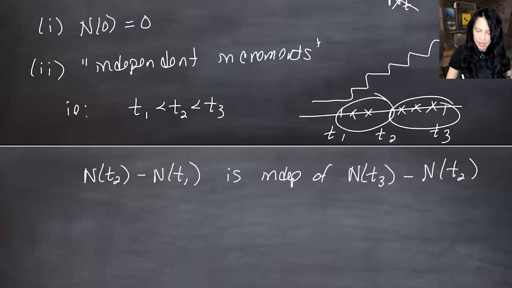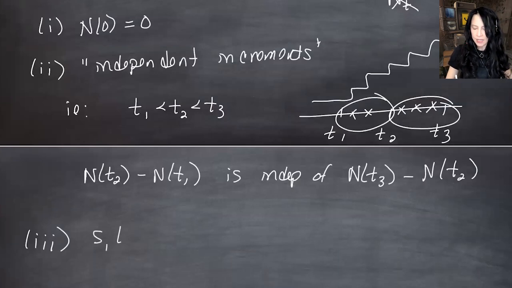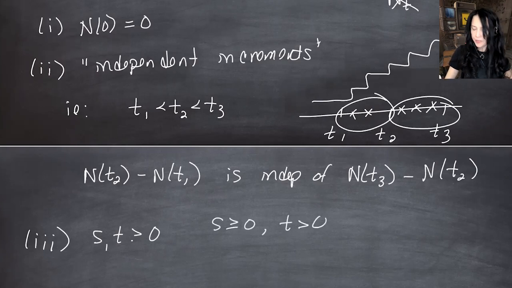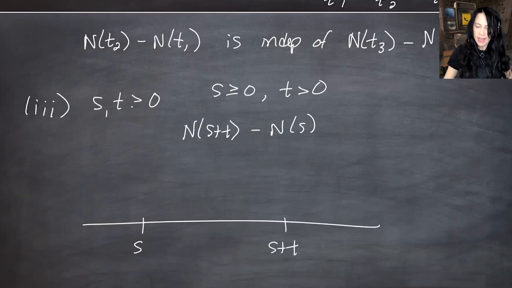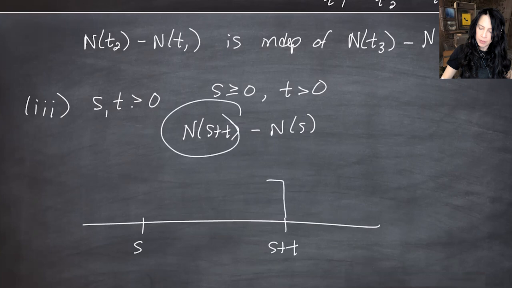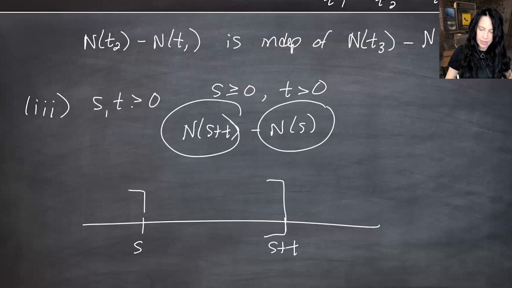And finally, property 3 is that if we take an s and a t greater than, I'm going to say greater than 0 to be safe here, I really want to say s greater than or equal to 0 and t greater than 0, then N(s+t) minus N(s), this is looking at an increment of the process from some starting time s up to time s+t. And N(s+t) counts all the events up to and including s+t, and N(s) counts all the events up to and including s.